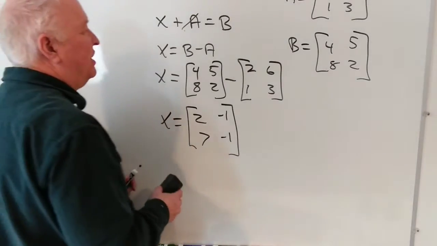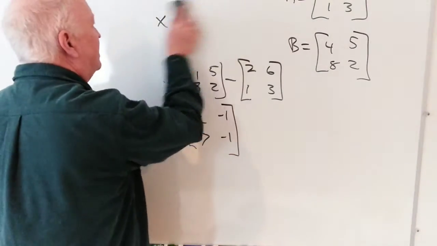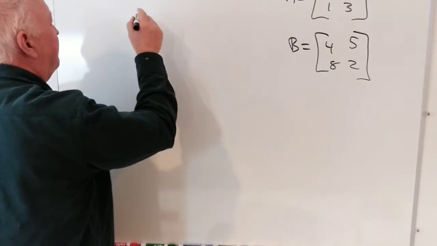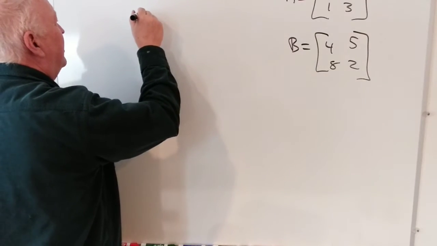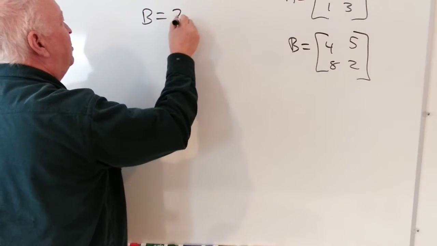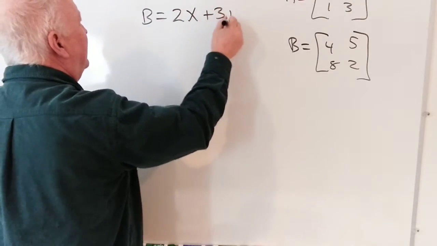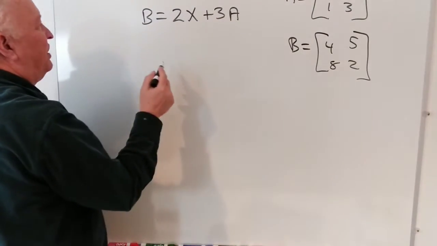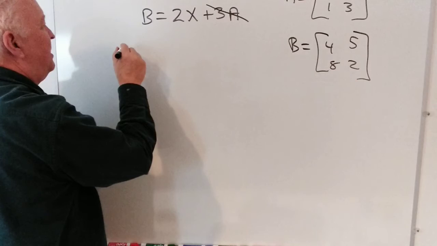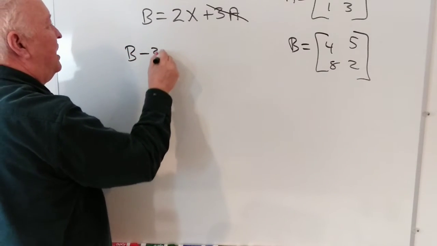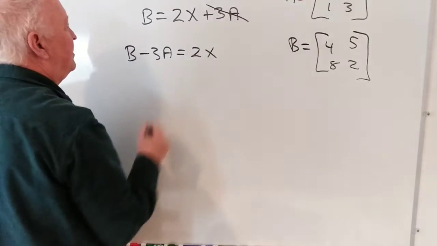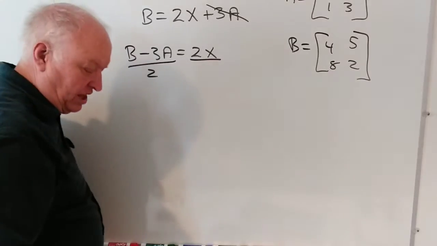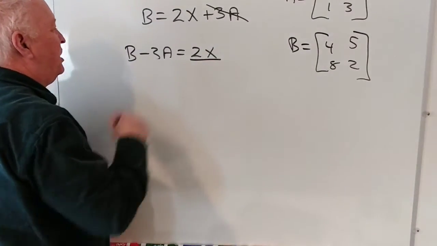Let's try one a little bit more complicated. Let's try this one. B is equal to 2x plus 3a. Okay. In solving this one, I would first cancel the 3a. And so I have b minus 3a equals 2x. Now we'll divide by 2, which means that this would be written in parentheses multiplied by 1/2.